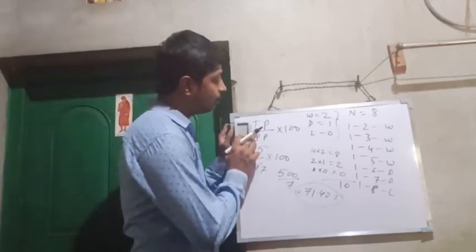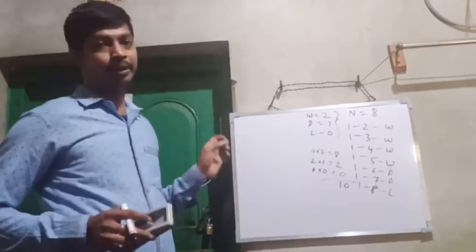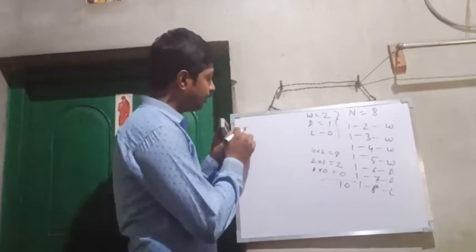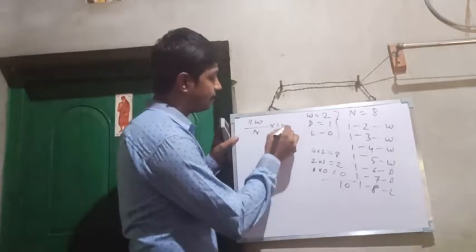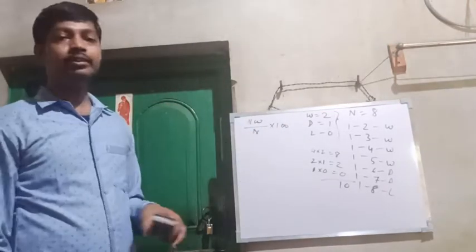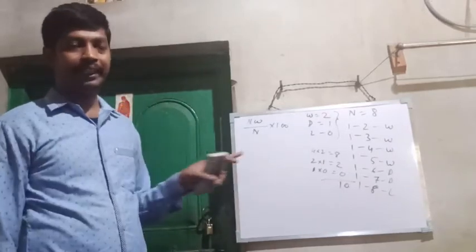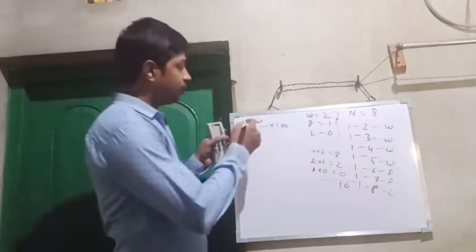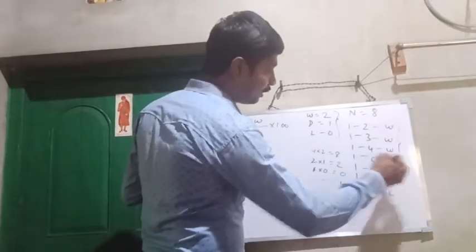After that, there is the second method, known as the American method. In the American method, it is NW by N into 100. NW means number of wins, how many times a team wins a match, and N equal to total matches, into 100. So in this situation, one team wins 4 times.